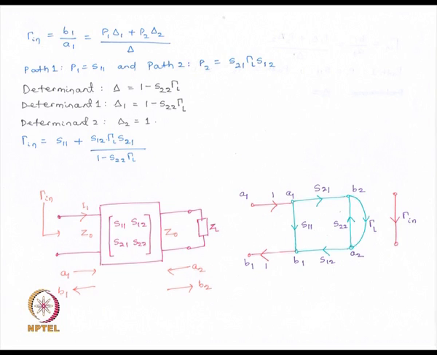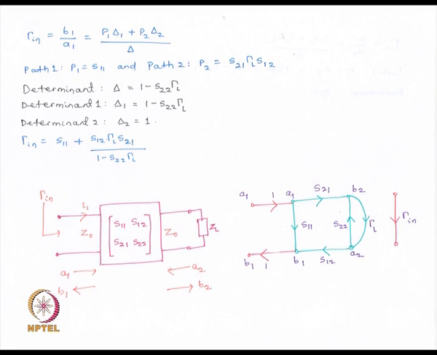the path 1 gain is simply S11, the gain of this path. If we go from A1 to B1 along this path, it is S11. The path gain of path 2, that is starting from A1 going straight, turning and then returning to B1, is S21 multiplied by gamma L multiplied by S12.